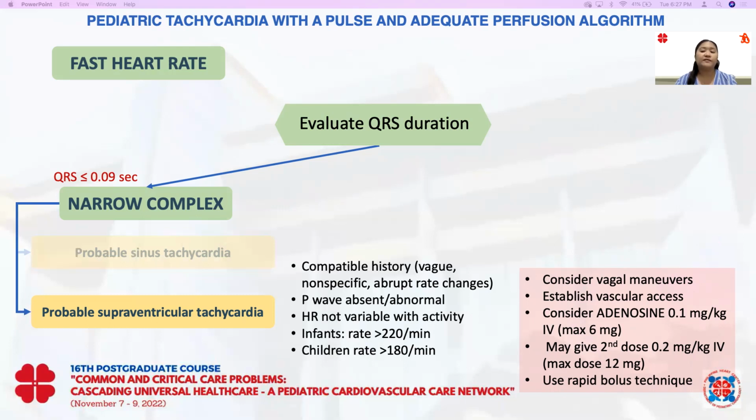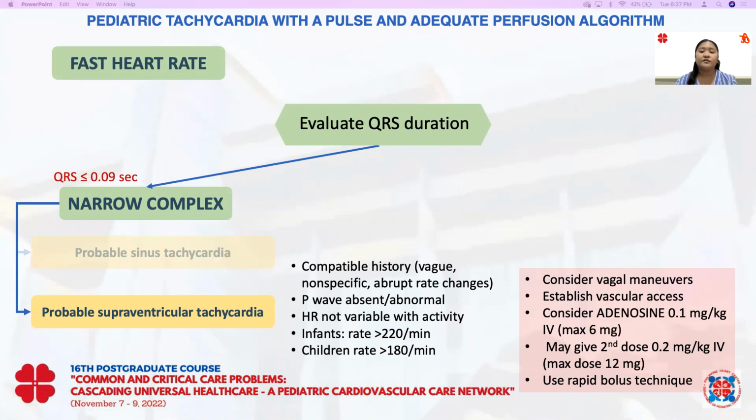Now, while doing vagal maneuvers, get an IV access and instruct the nurse to prepare adenosine at a dose of 0.1 milligram per kilogram, maximum of 6 milligrams for the first dose, using rapid bolus technique. The half-life of adenosine is very short and you want to complete the administration in less than 10 seconds.